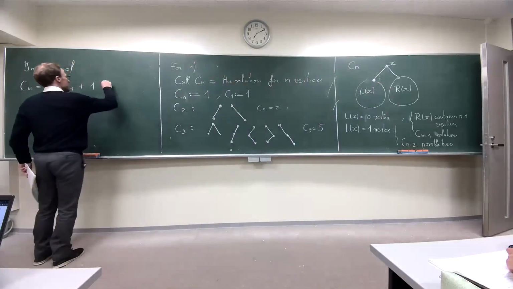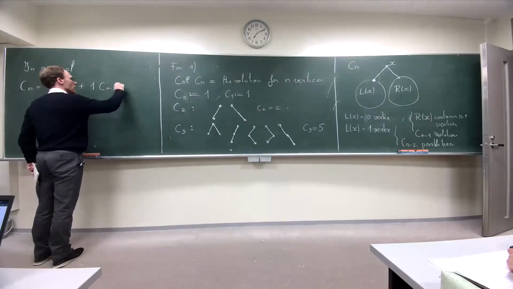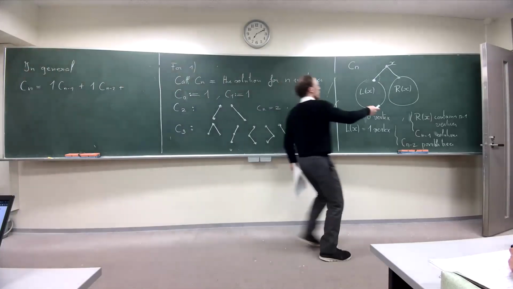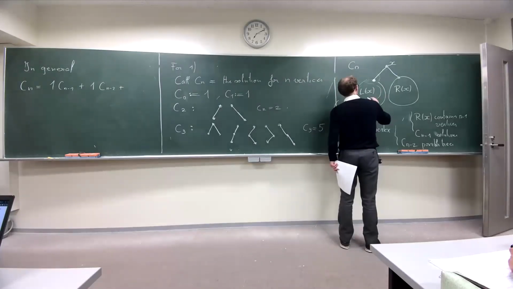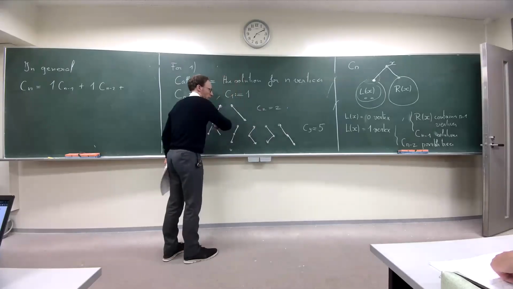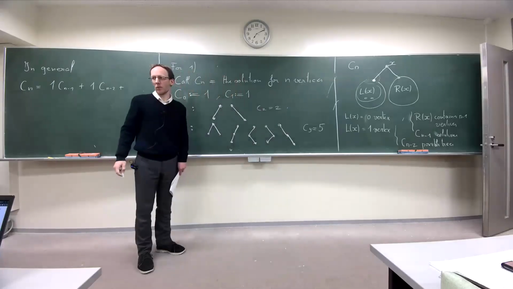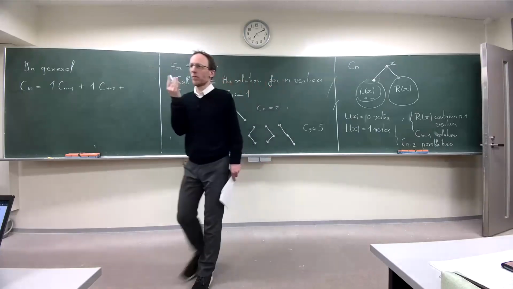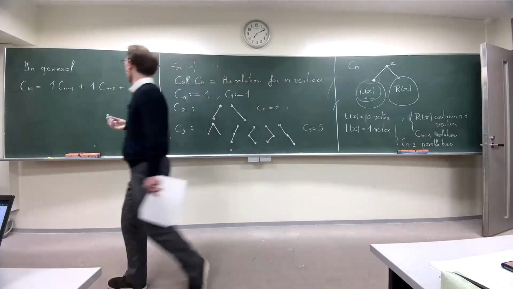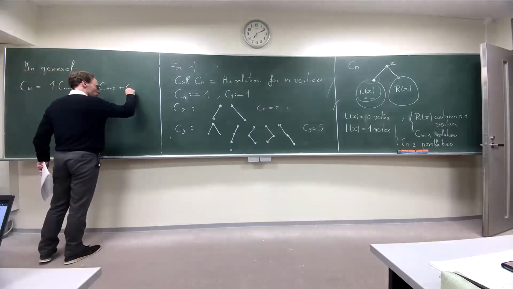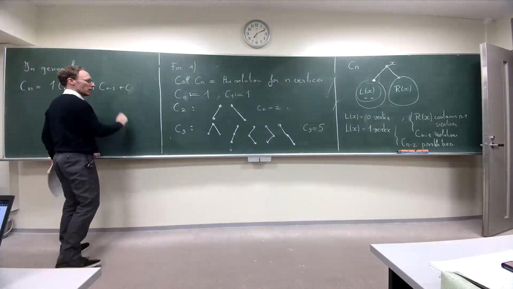Plus, and now it's more interesting: if L of x contains two vertices, we already know we have this number of solutions for the left, and for the right, you now have n minus 3 vertices available. So you have to do plus C2 times C, no, C3. Wait.